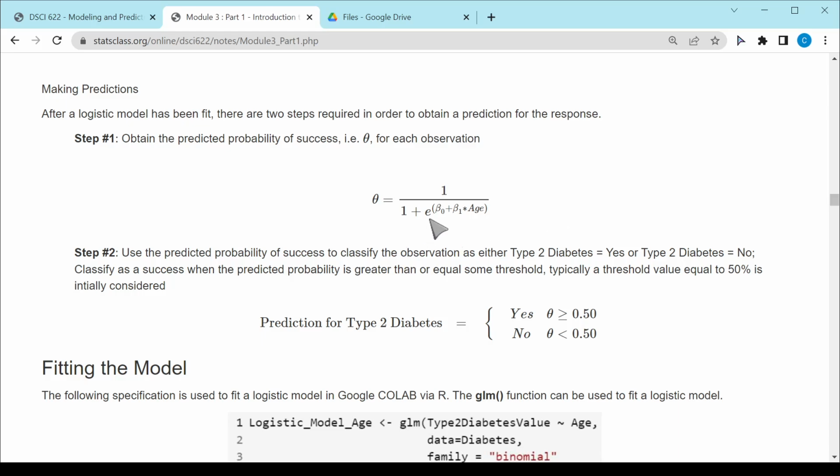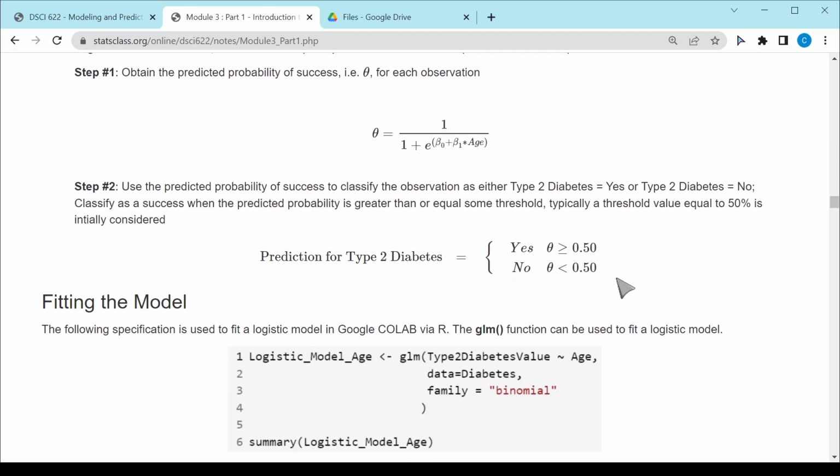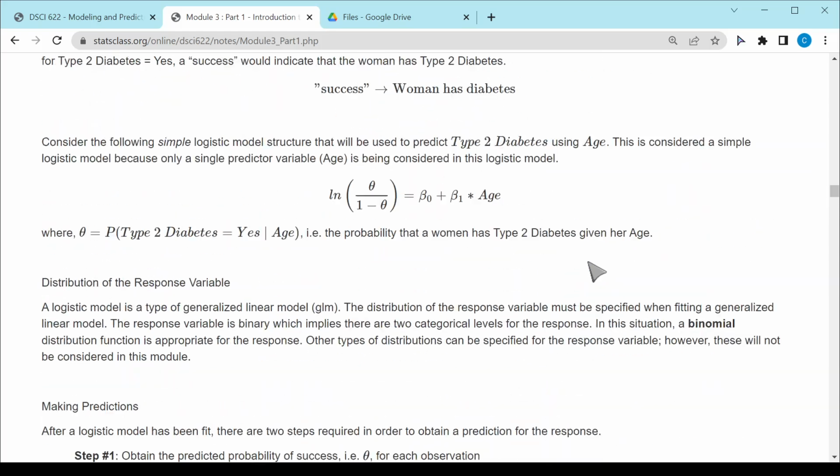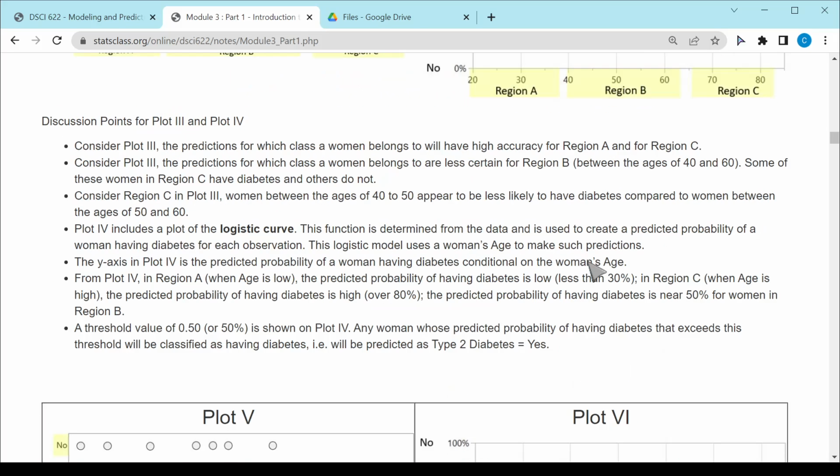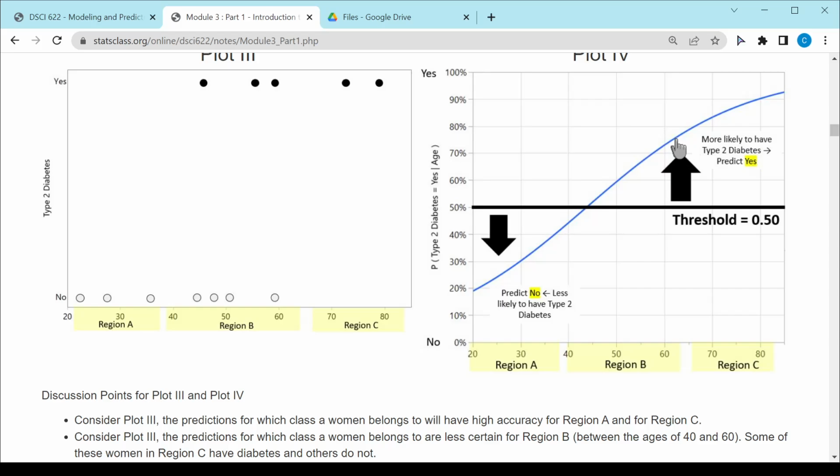Now, once I have that logistic curve, which is this thing right here, I just need to decide what I'm going to classify as those having diabetes or not. Oftentimes we use that 50% threshold. Up here, anything where I'm more likely to have diabetes than not, I'm going to predict them to be yes. So any woman that is about 45 or higher is going to be predicted to be yes.